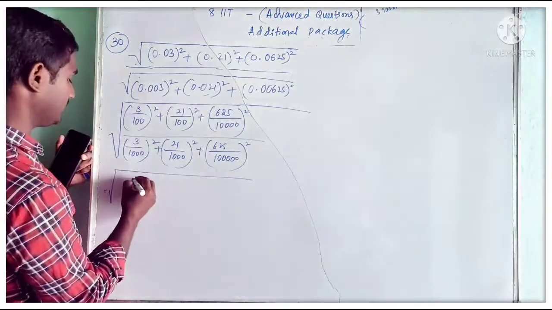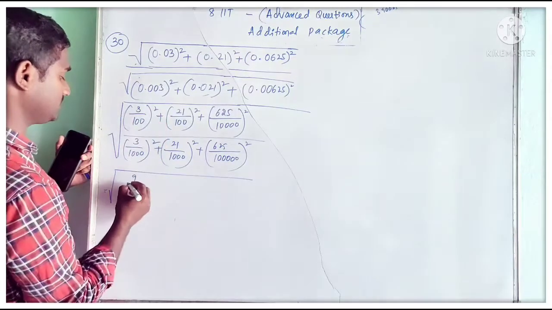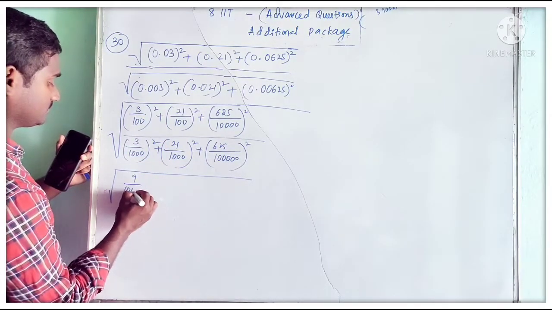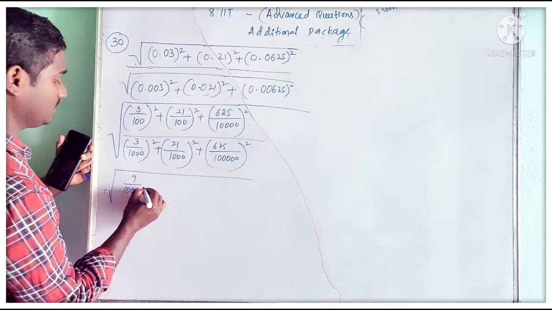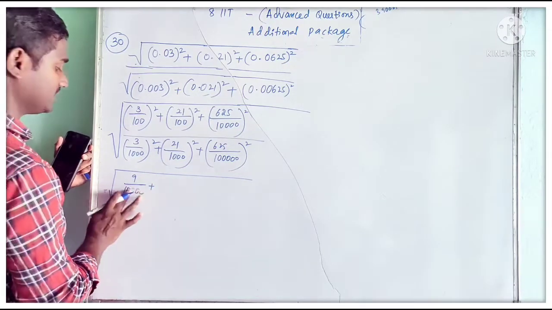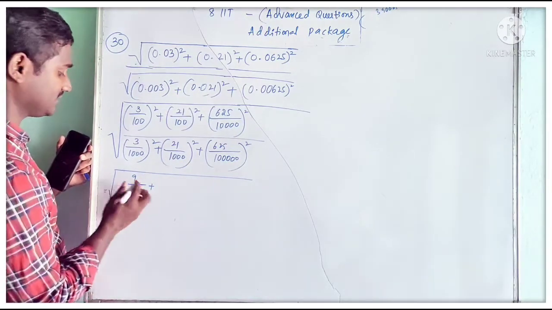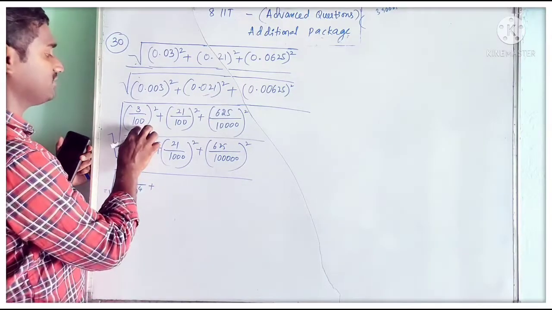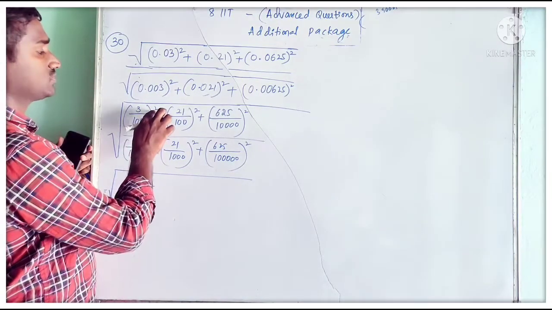3 by 100 whole square is 9 by 10,000, that is 4 zeros, or otherwise 10,000 you can write as 10 power 4. This 100 we can write as 10 square, so 10 square whole power 2.